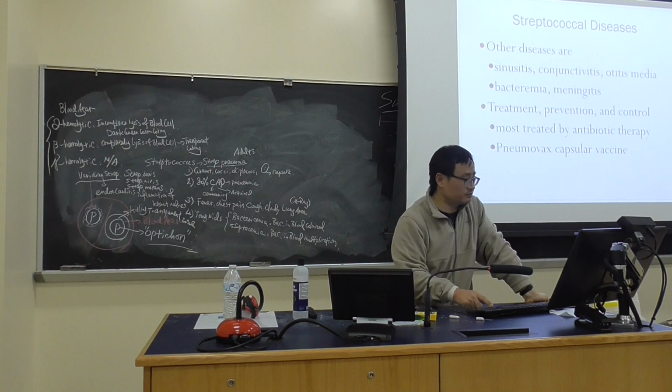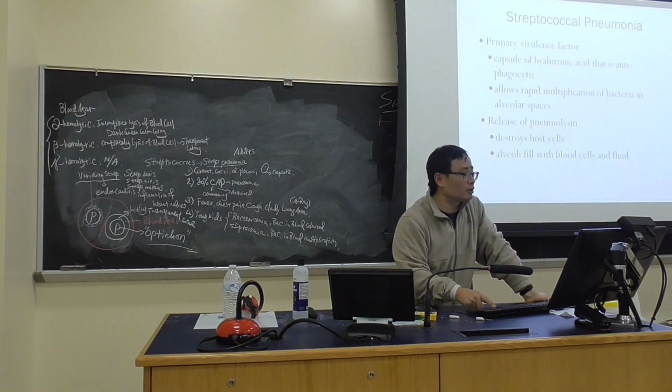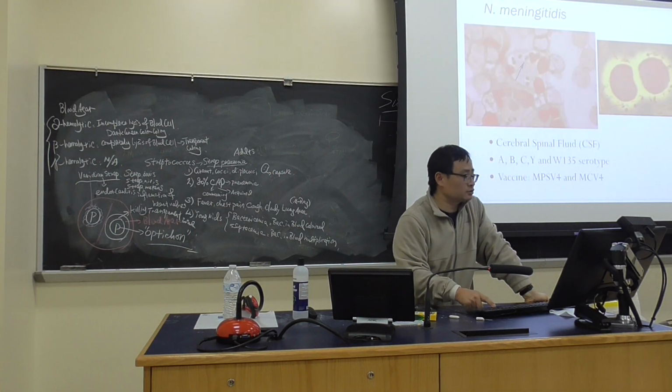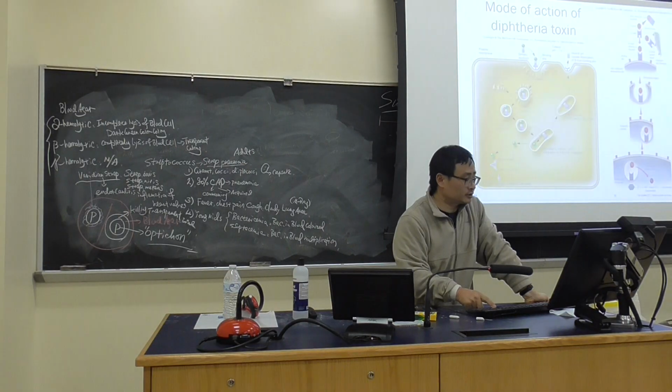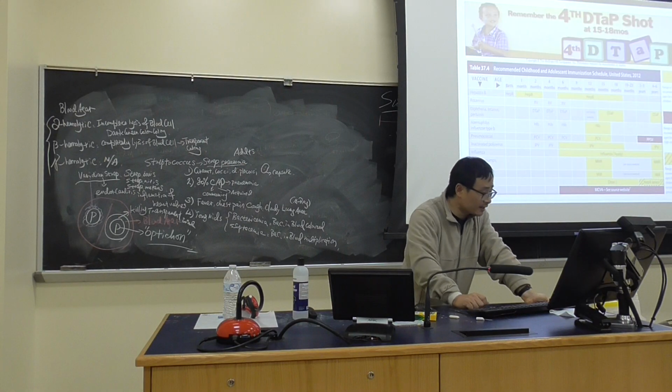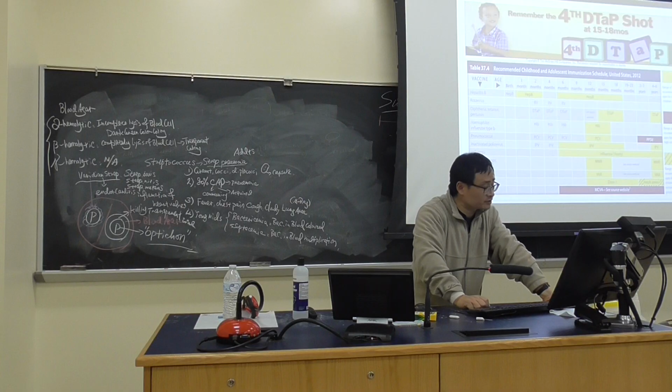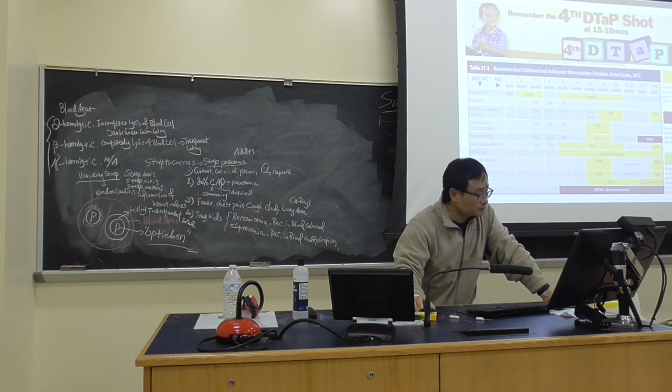Okay, Streptococcus pneumoniae, same thing as before. We don't need to emphasize too much, but we're glad we also have a vaccine, the PCV vaccine. That's called the pneumococcal vaccine. Where do they get it? From the capsule of the streptococcus. They purify it and it becomes a vaccine.